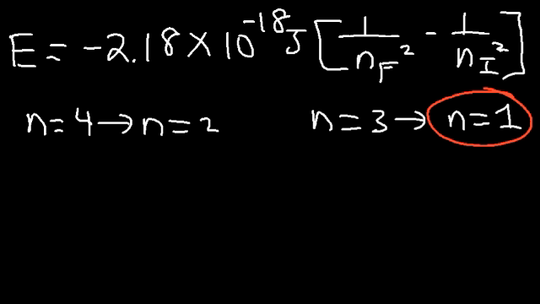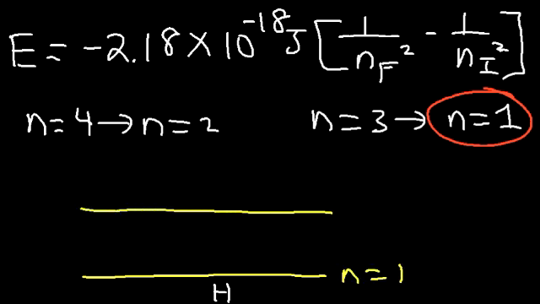To see this conceptually, let's say this is the hydrogen atom, and let's say this is the first energy level. The second energy level is very far from the first energy level. Now the third energy level is not as far compared to the distance between the first and the second.